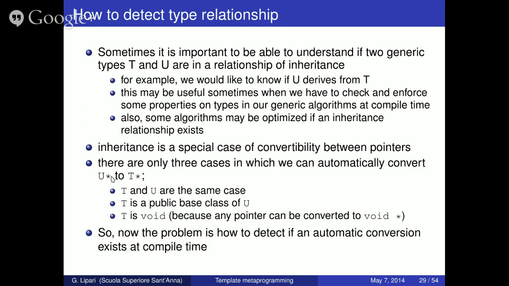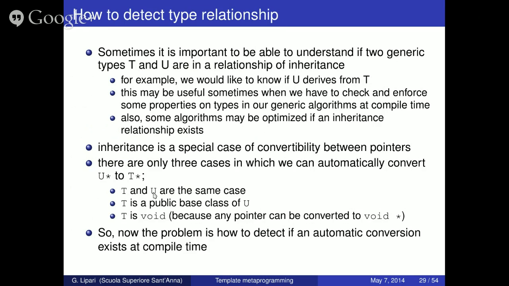We can convert U star to T star when T and U are the same type. So if both U and T are integers, of course you can convert a pointer to integer to a pointer to integer. But if U is a pointer to double, you cannot convert to a pointer to integer, of course, unless you do an explicit cast.